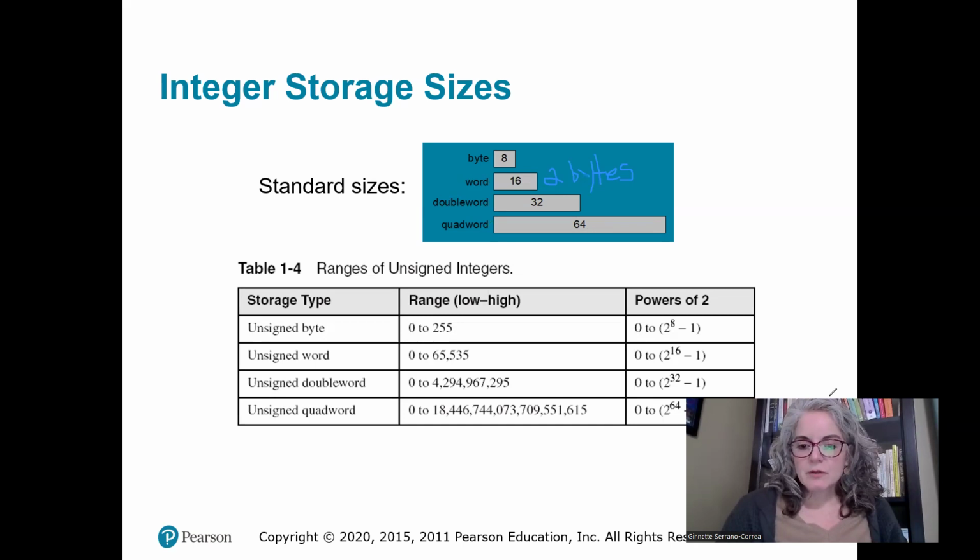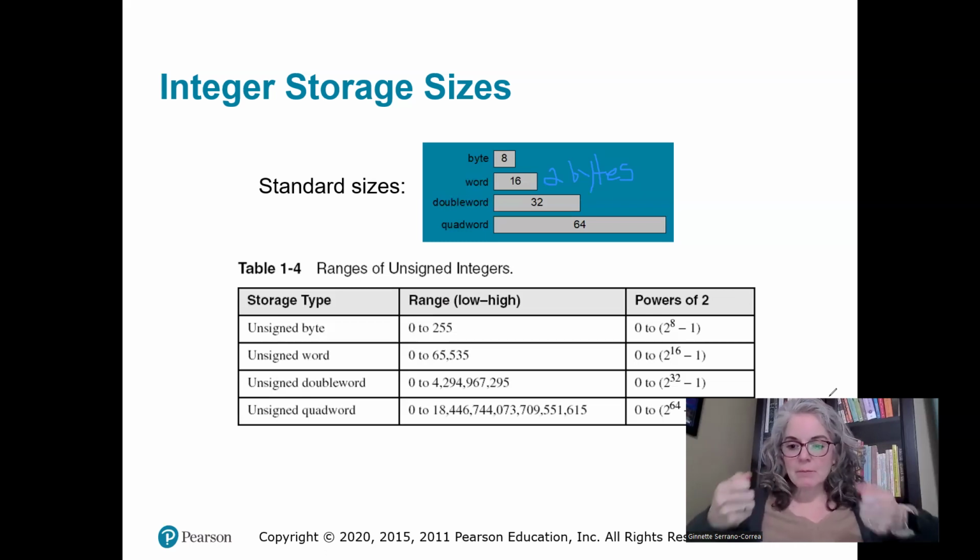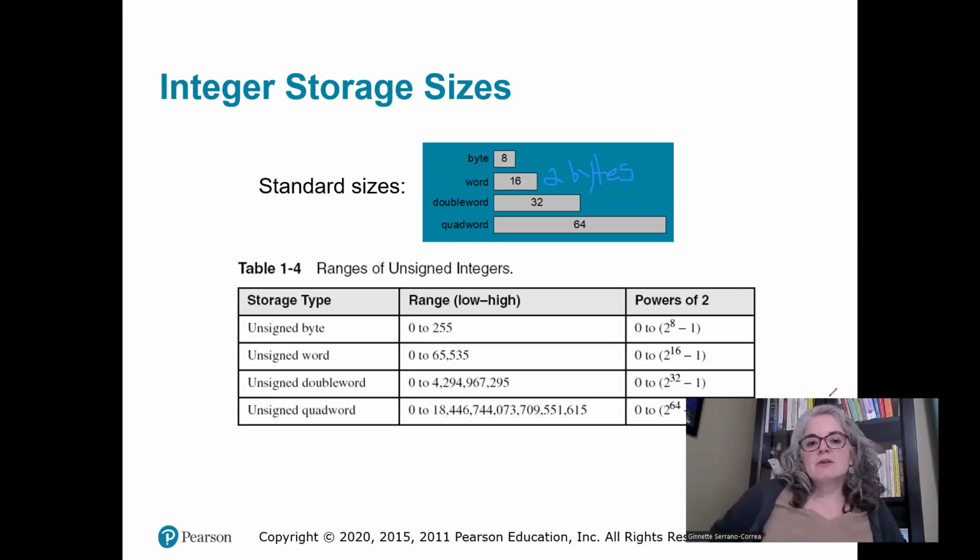Something that you're going to have to be aware of is the range that these storage sizes can hold. If you think of storage, you think of a box, right? And a box can only hold so much depending on how big the box is. A shoe box holds a lot less than, I don't know, a 64 quart storage box.